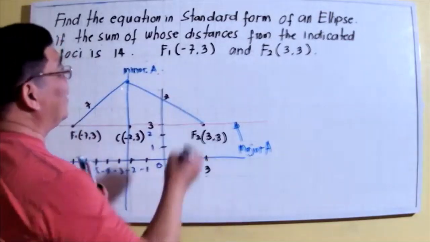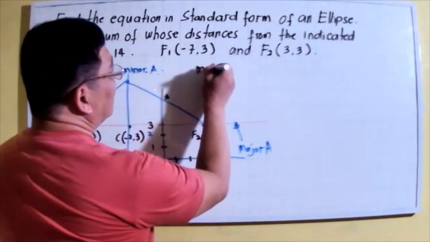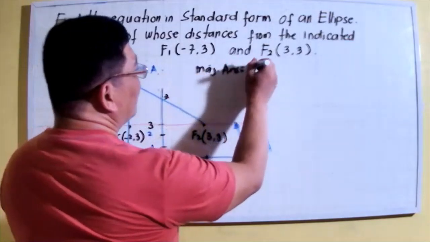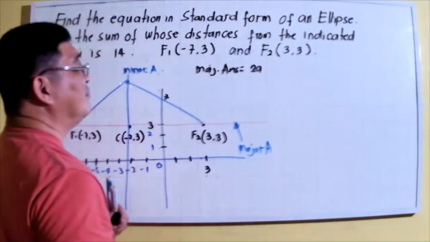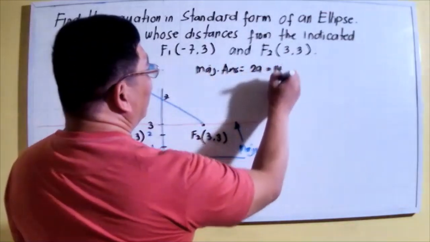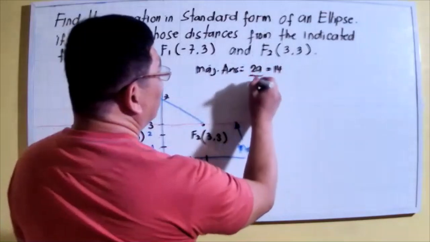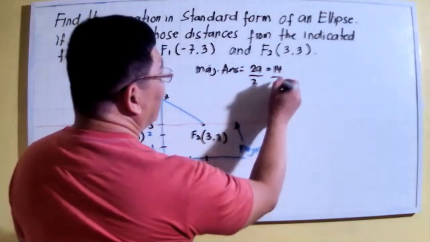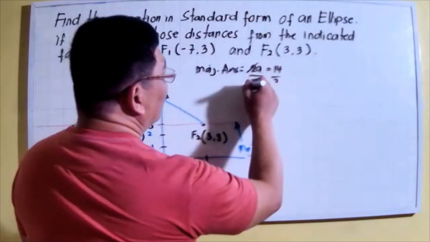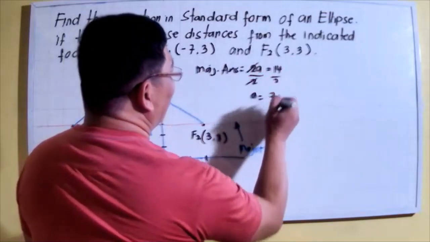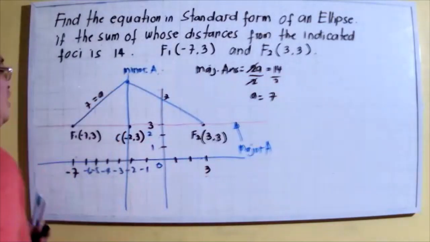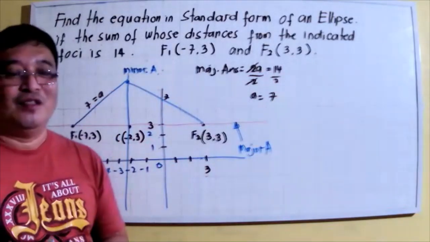And we know that the major axis is equal to 2a. If 2a is equal to 14, we divide by 2, a is equal to 7. So our a is equal to 7.